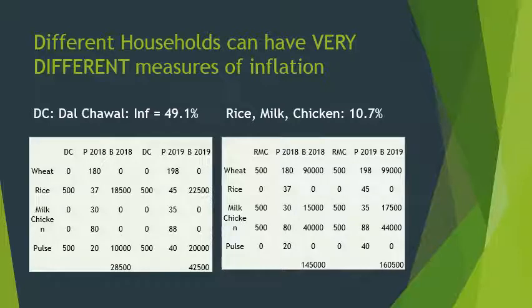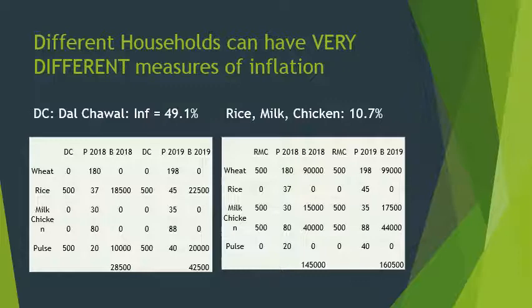And similarly, rice also increased a lot, and so that also contributes to the inflation. So if we calculate the inflation for this household, it will be 49%. Their budget increased substantially. It went from 28,000 to 42,000. So they suffered heavily from inflation.